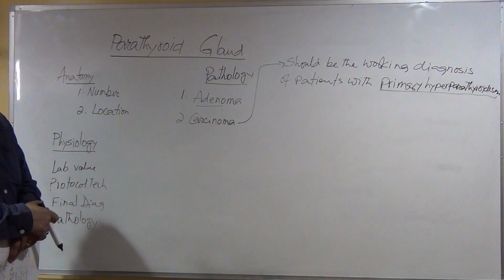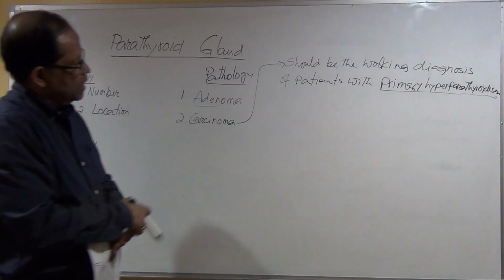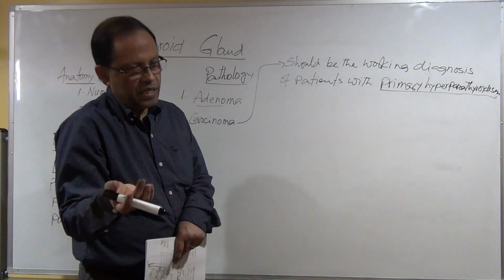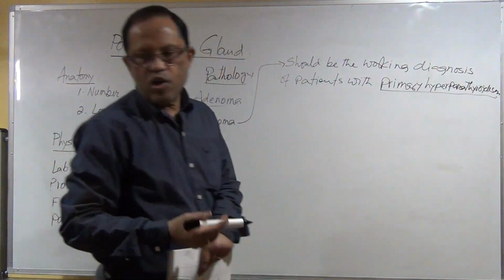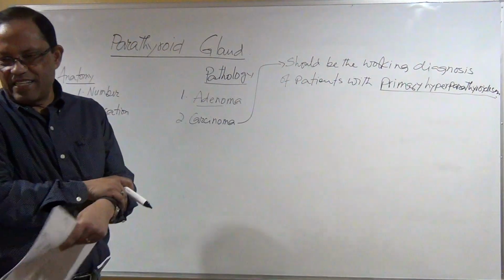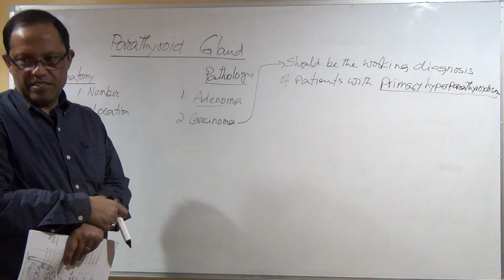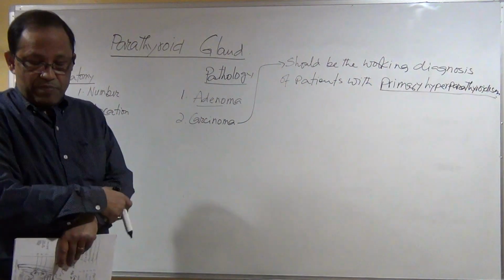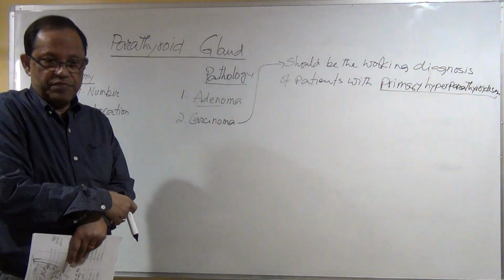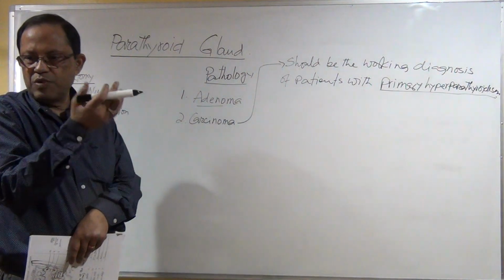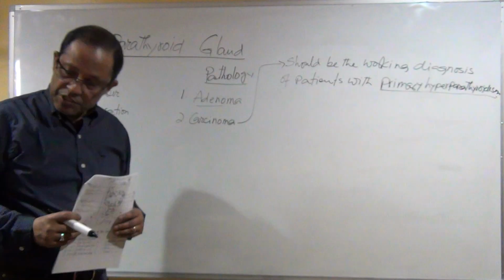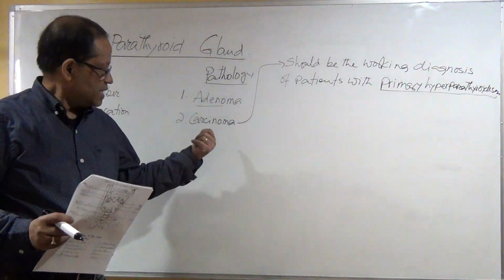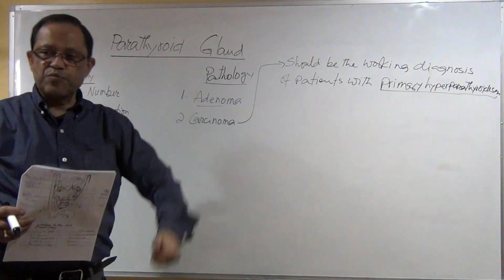Working diagnosis of carcinoma means I will say, oh, it is most probably cancer. Why? Because usually the parathyroid hormone is not increased in normal condition. And look, the rise of hormone level is too much. So that's why I will consider this a malignancy, carcinoma, unless otherwise proved.